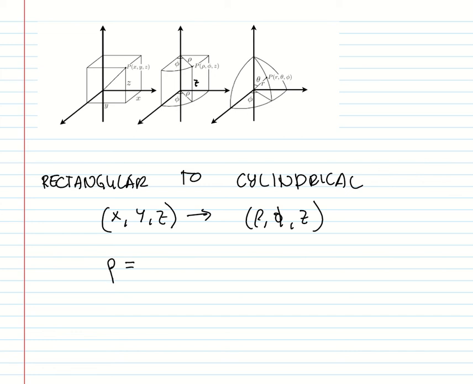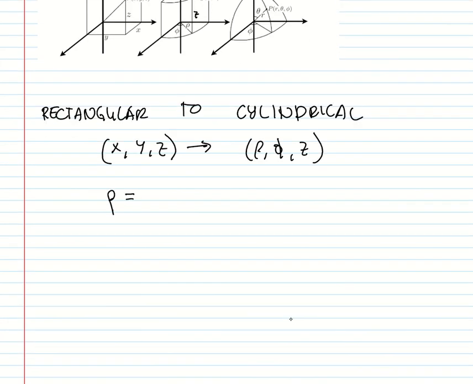If we look at this drawing, let's try to redraw it in here. If we join the rectangular and the cylindrical coordinates, this is our rectangular. We have our point somewhere at this point.